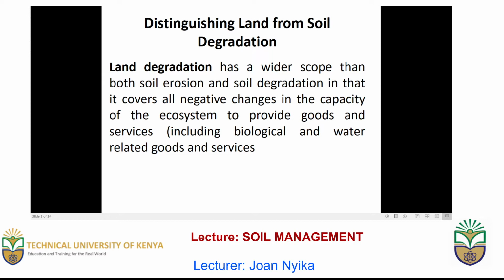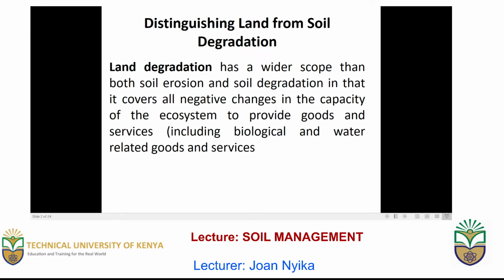Therefore, soil degradation is just a small part of land degradation, considering we are only looking at the soil resource, while land degradation covers a wider scope on both natural and man-made land, water, biological, or even soil-related ecosystems.